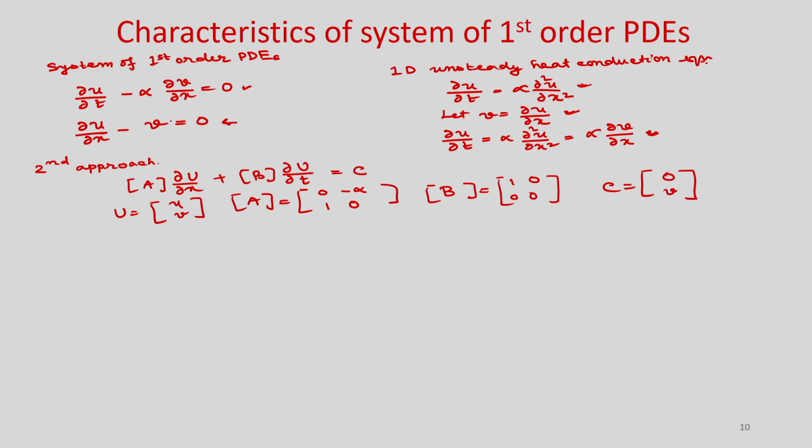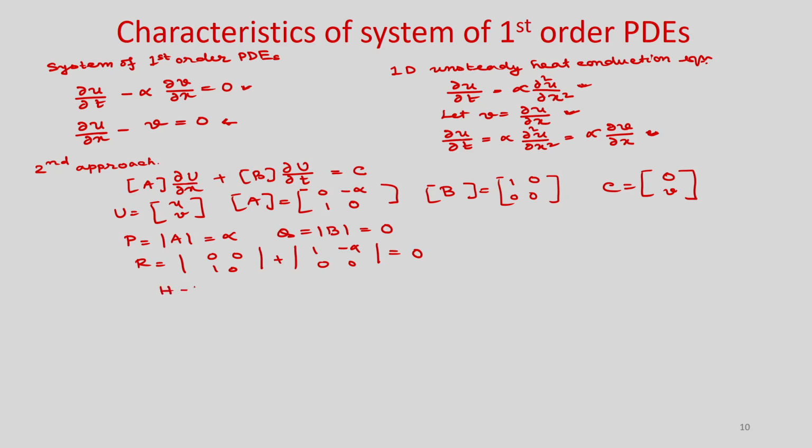So, from these two equations you can find the matrices A, B, C, and now P will be just determinant A. So, you will get α. Q will be determinant B, so it will be 0.